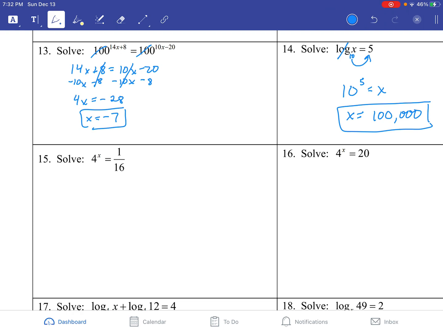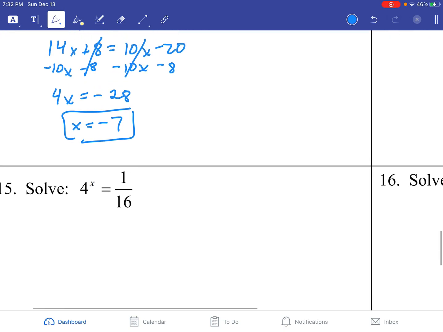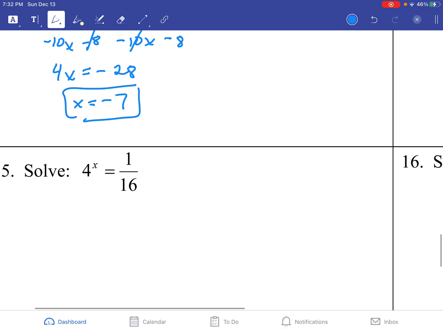Here we have a problem just like 13, but it doesn't have similar bases, so you're going to have to change the base. In order to do this, you're going to find something that both 4 and 16 share in common, that is a base that you can change something to an exponent. So the good thing is that 16 is the same thing as 4 squared, but our 4 squared is going to be on the bottom of our fraction.